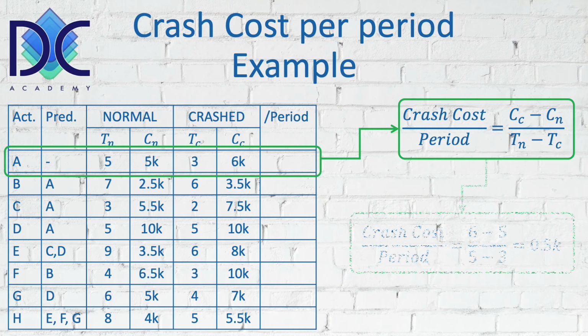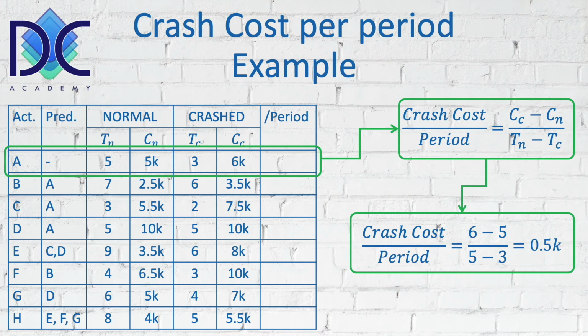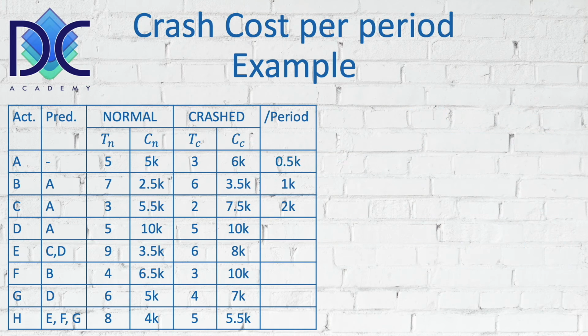So when we calculate this, we find that for this activity, we have a crash cost per period of 0.5K, whatever the monetary unit is, and we can put it here in the first rectangle. That's our first calculation, and we can continue those calculations for B and C, where we find respectively 1K and 2K.